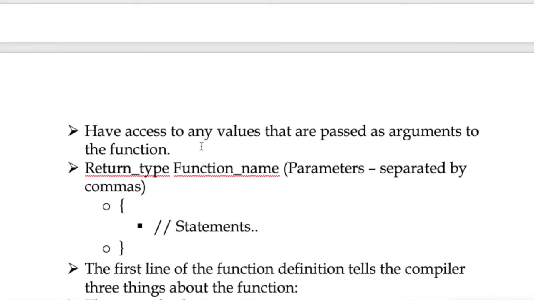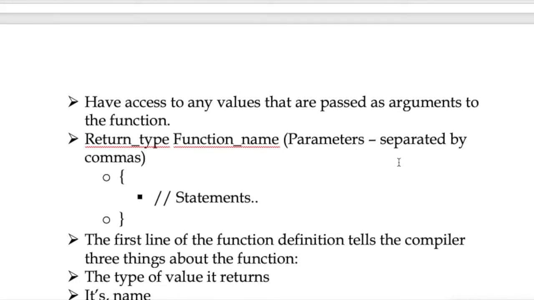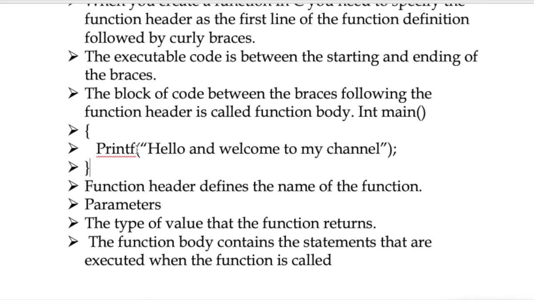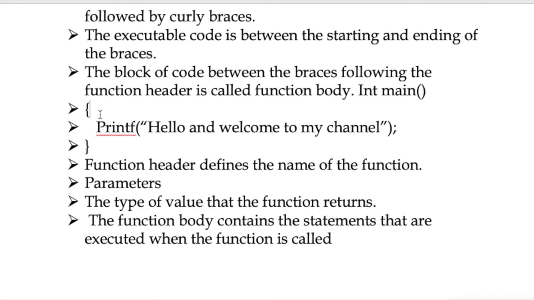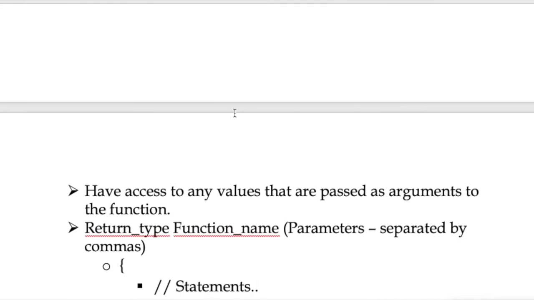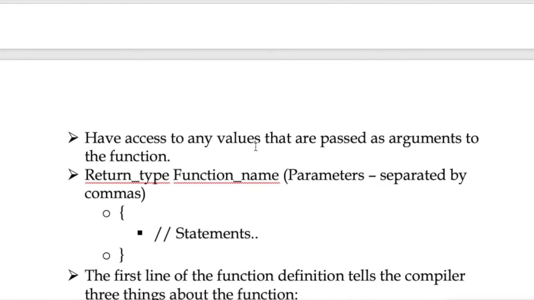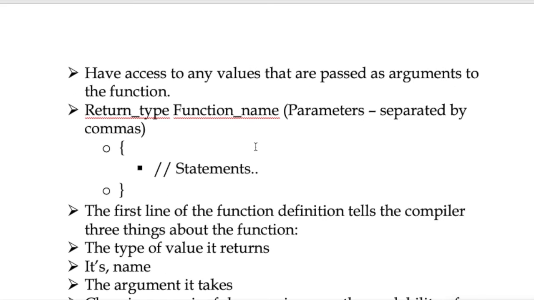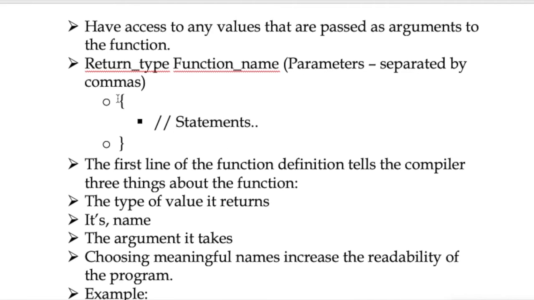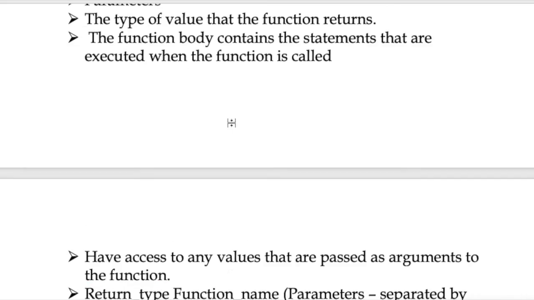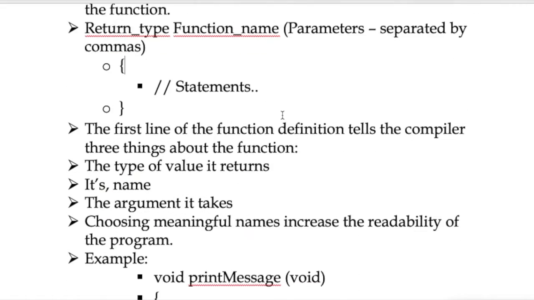The body has access to any values that are passed as arguments to the function. So if we initialize variables in the main function, the variables which we define will be implemented. The structure is return type, function name, parameters separated by commas. So this is the structure I have illustrated here with the printf statement.